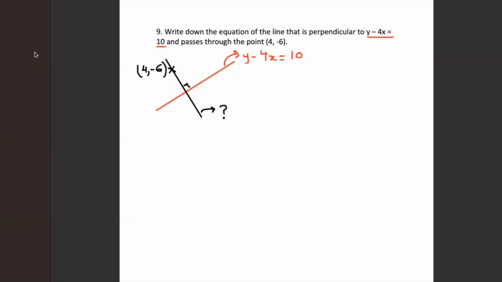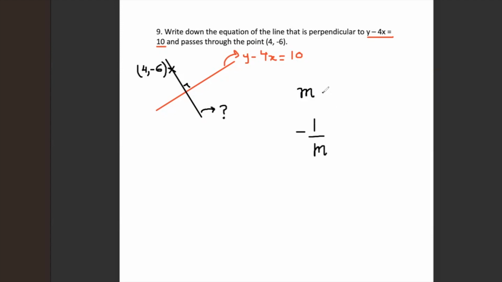To answer this question, we have to know how the perpendicular lines are related. So if we have the slope of an original line as m, the perpendicular line will have a slope of minus 1 over m.